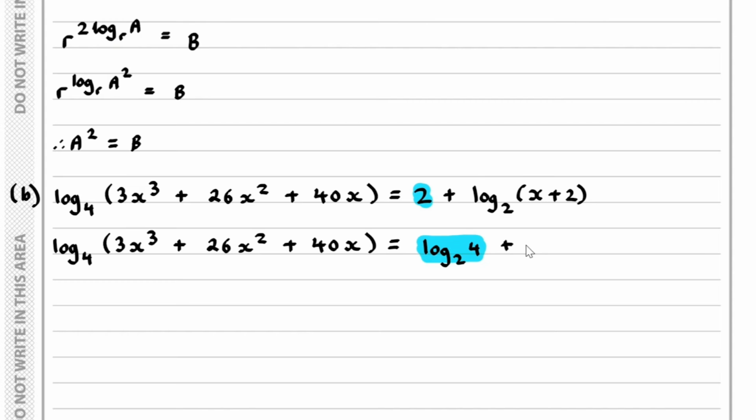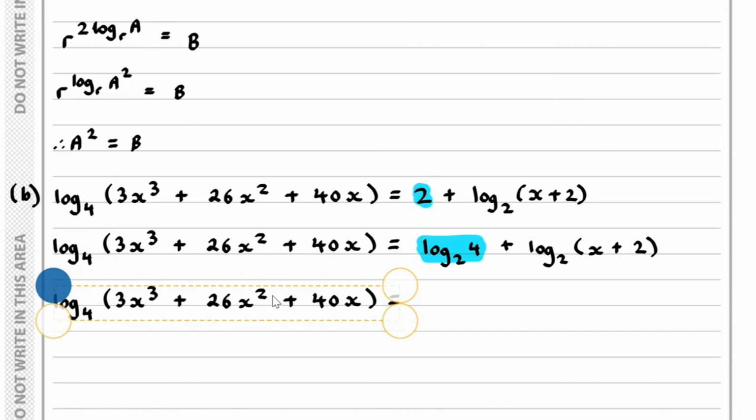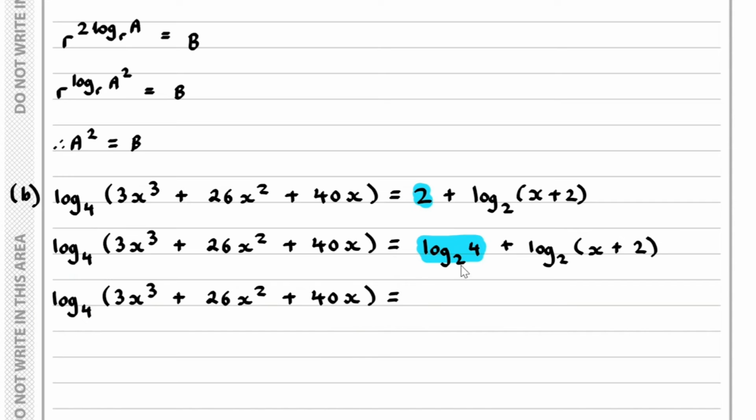And then I add on log base 2 of x plus 2. So, on the right-hand side, we can combine the logs. So, we have log base 2 of 4 multiplied by x plus 2.